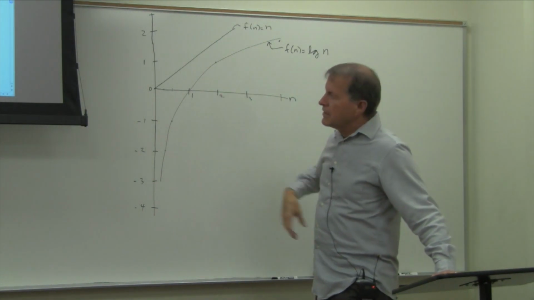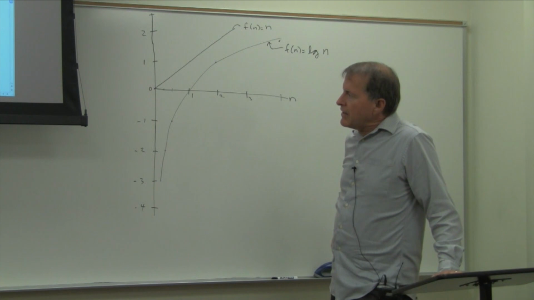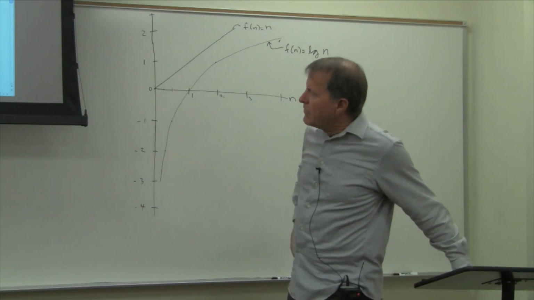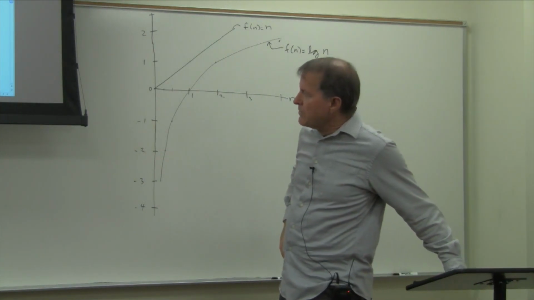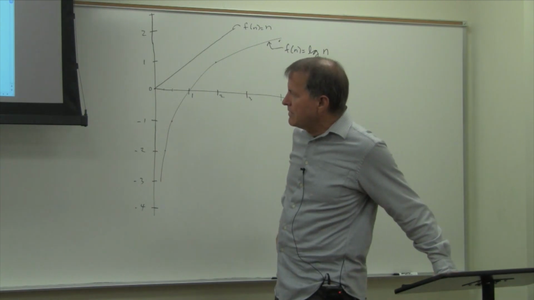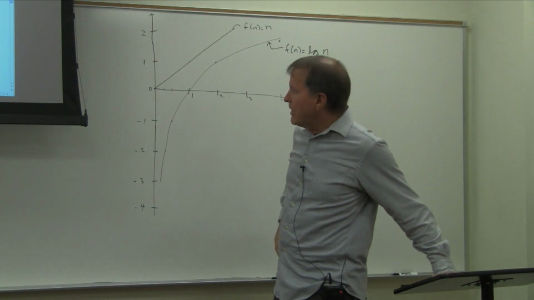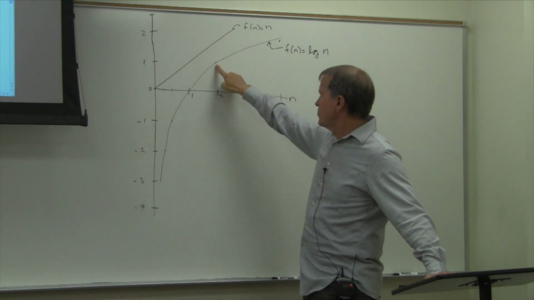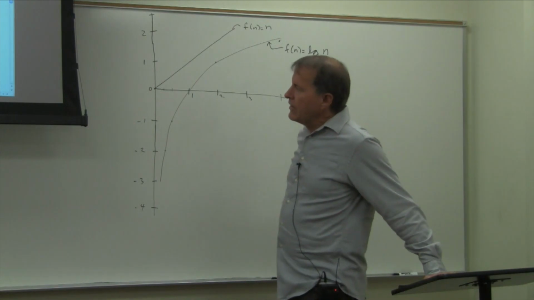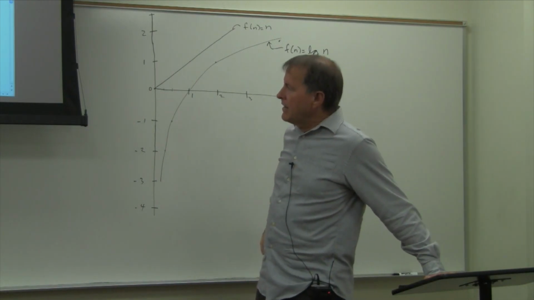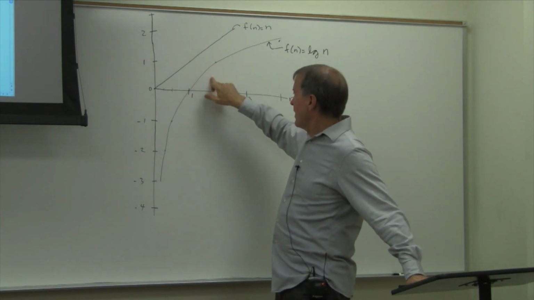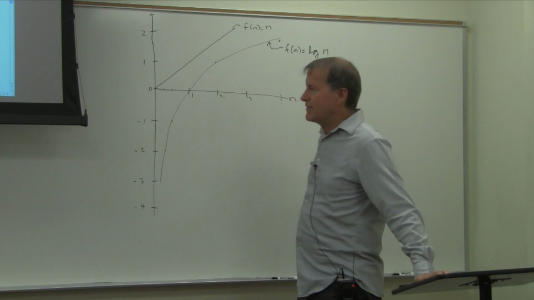And for what values of n is log n greater than 1? 2. And then for what values of n is n greater than log n? All values greater than 0.